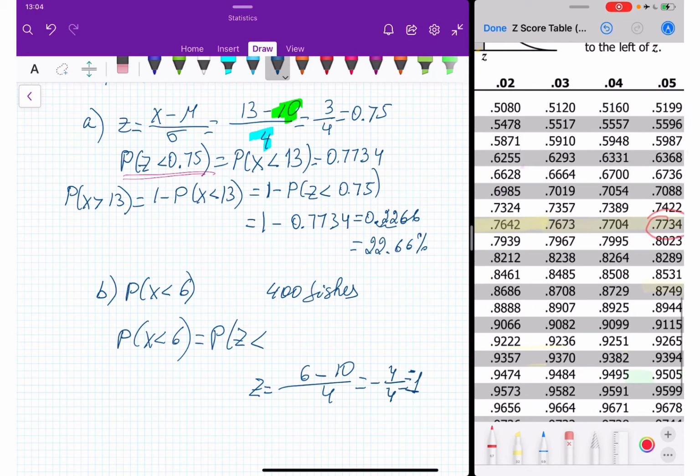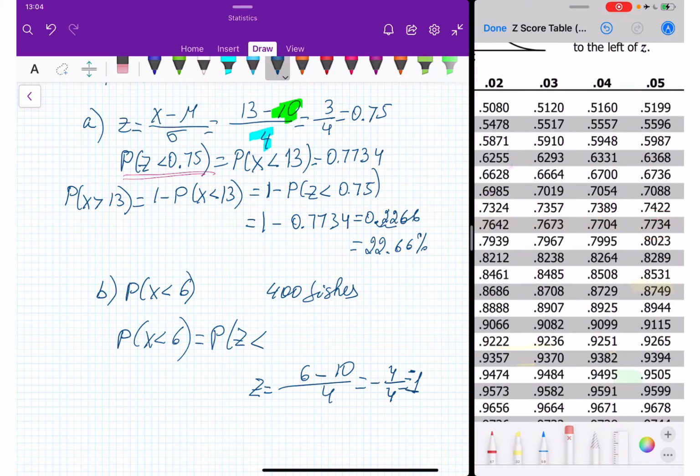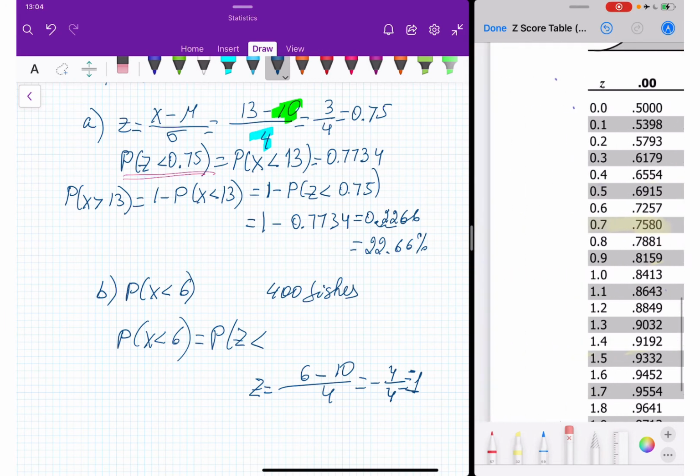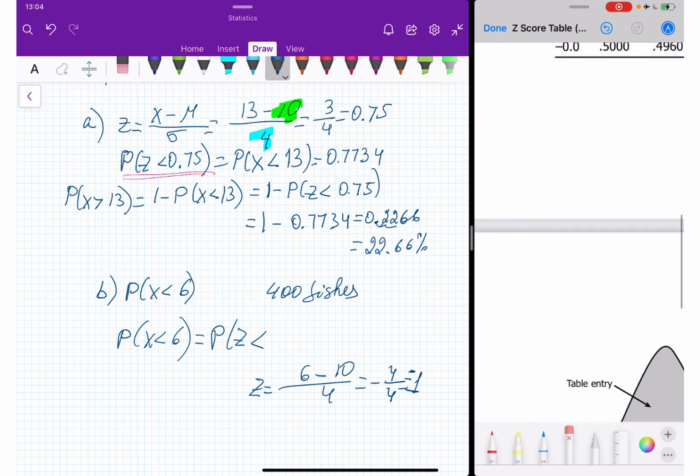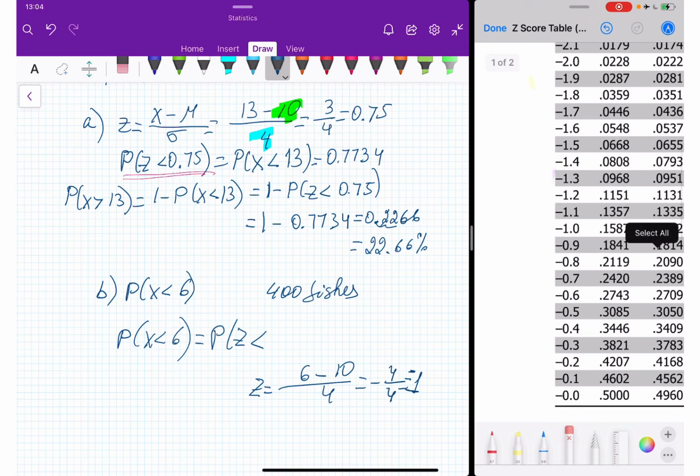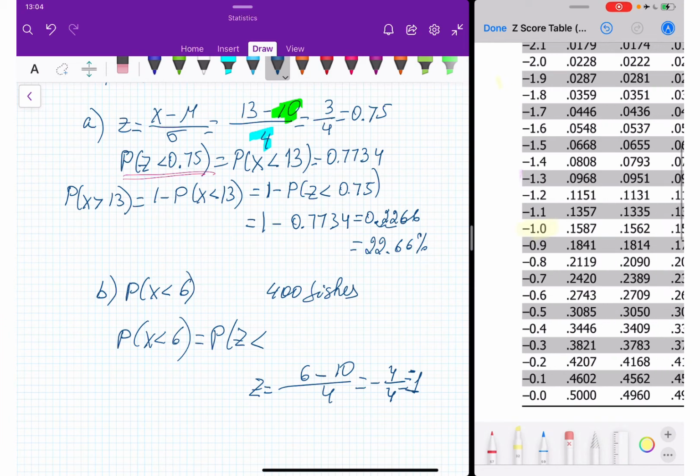So let's get negative 1, how much it will be. Where is my negative 1? Uh, 1.0, it's right here, which is going to be 0.1587.